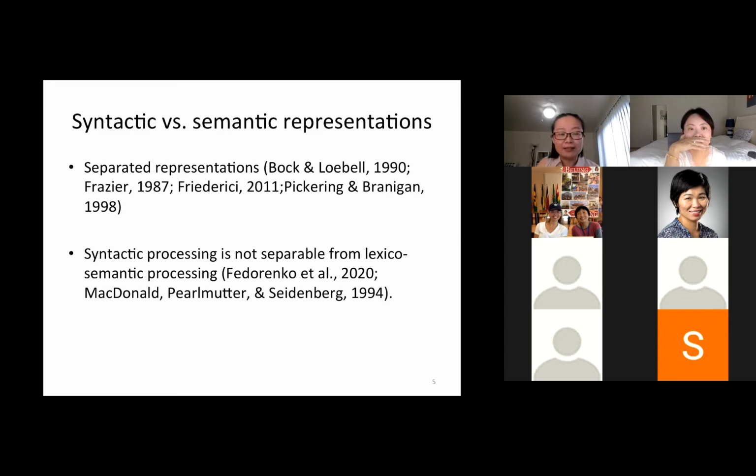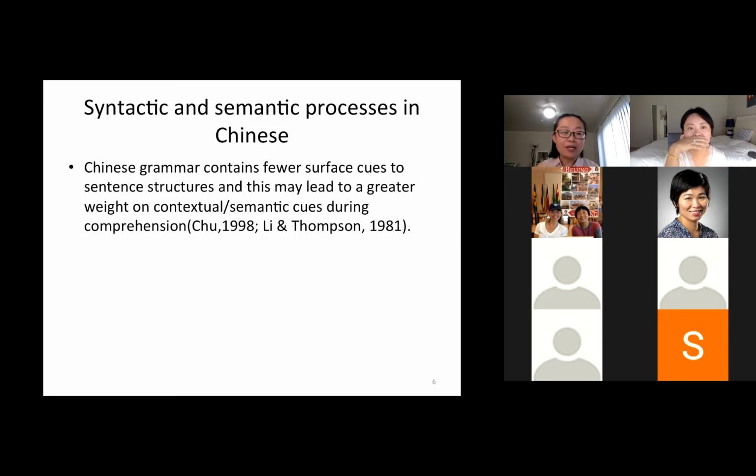For Chinese, this is especially interesting because Chinese grammar contains fewer surface cues to sentence structures. For example, in Chinese we have a less rich morphosyntactic system compared to other languages.